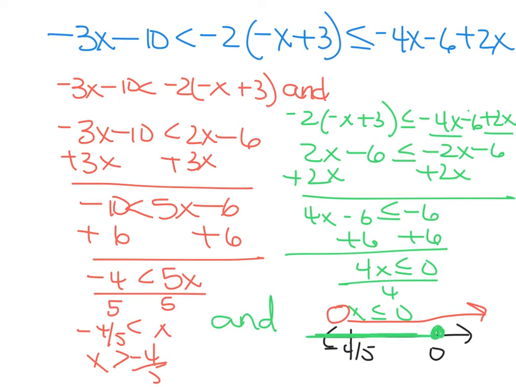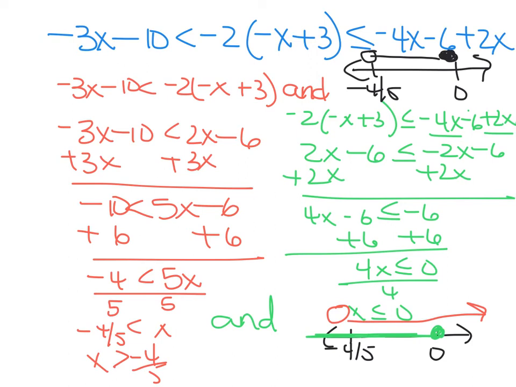So where do they overlap? They overlap in between. So my final answer, I'm going to go up here where I have space, is negative 4/5, 0. Open circle, closed circle, shade in between.